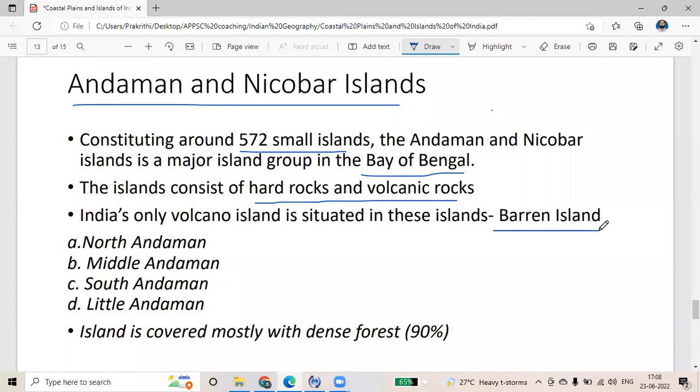This Barren Island is located in the Andaman and Nicobar Island group, and almost 90% of the Andaman and Nicobar Island is covered by dense forest, and we have very protective tribal groups in these areas.